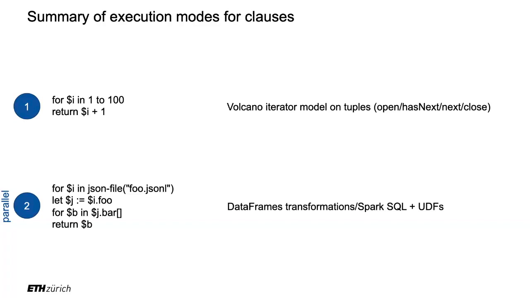However, what if we have a small flower? If we have a flower that only iterates on, like, 1,000 items or 1,000,000 items, in that case, it's too small to justify using data frames. We could, of course, use data frames, but it's going to be too slow because of the latency. So if we know, for example, in the first case above, there's only 100 items. 100 items is ridiculously small for big data. So in that case, we will not even bother with the data frame.